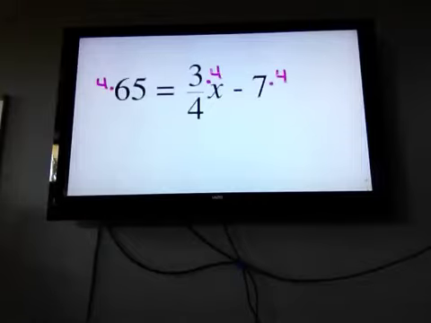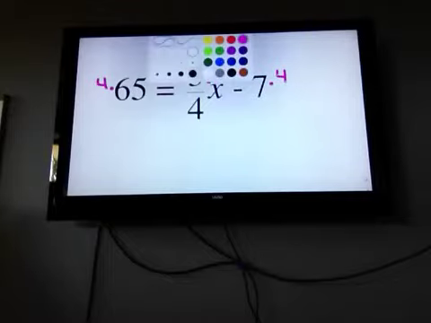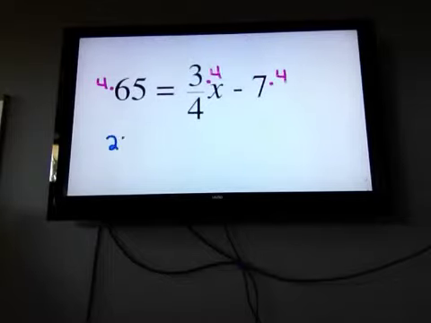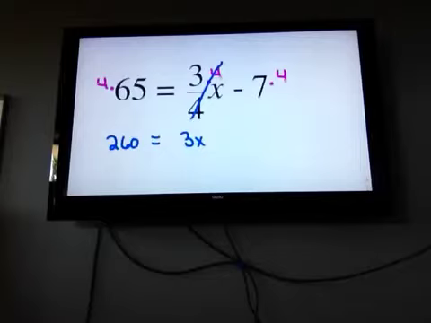So I'm going to take 65 times 4, and I get 260. On the second term, the 4's cancel. That's why we did it. That's 1, and I'm left with 3x. Minus 7 times 4, 28.